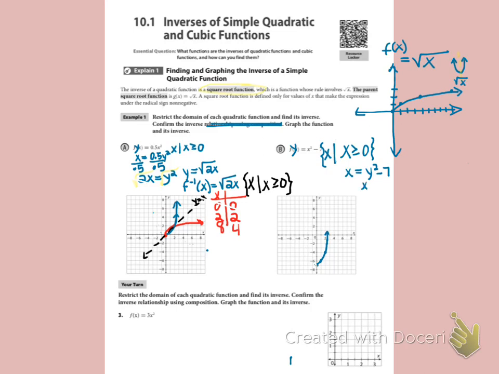So that would be x plus 7 equals y squared. And then of course I'm going to take the square root to undo that square. And that gives me y is equal to the square root of x plus 7. But remember, I want to use that function notation, so I'll use f inverse of x is equal to the square root of x plus 7.